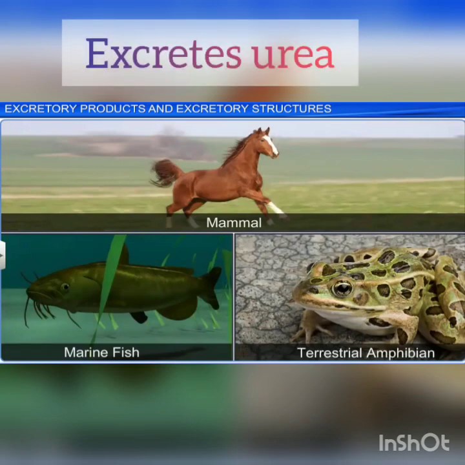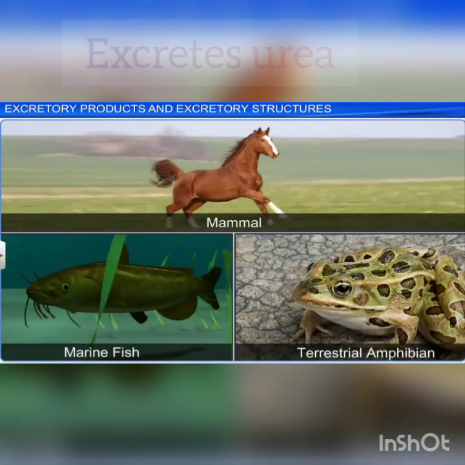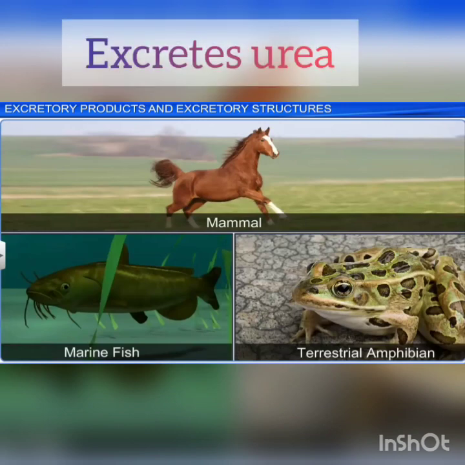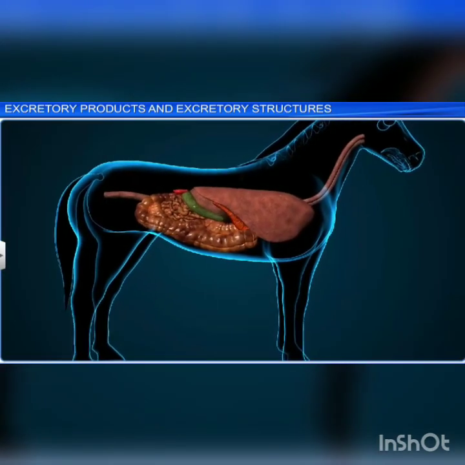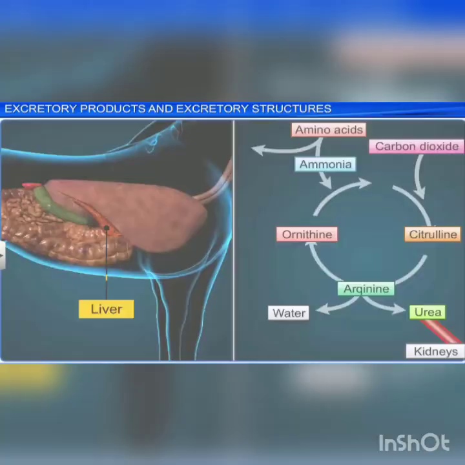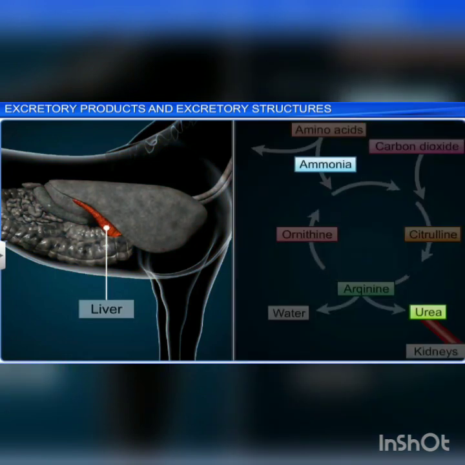Excretion of nitrogenous wastes in the form of urea is called ureotelism, and such animals are called ureotelic animals. In these animals, the liver converts ammonia into urea by the ornithine cycle and releases it into the blood. The urea in the blood is then filtered by the kidneys and excreted.